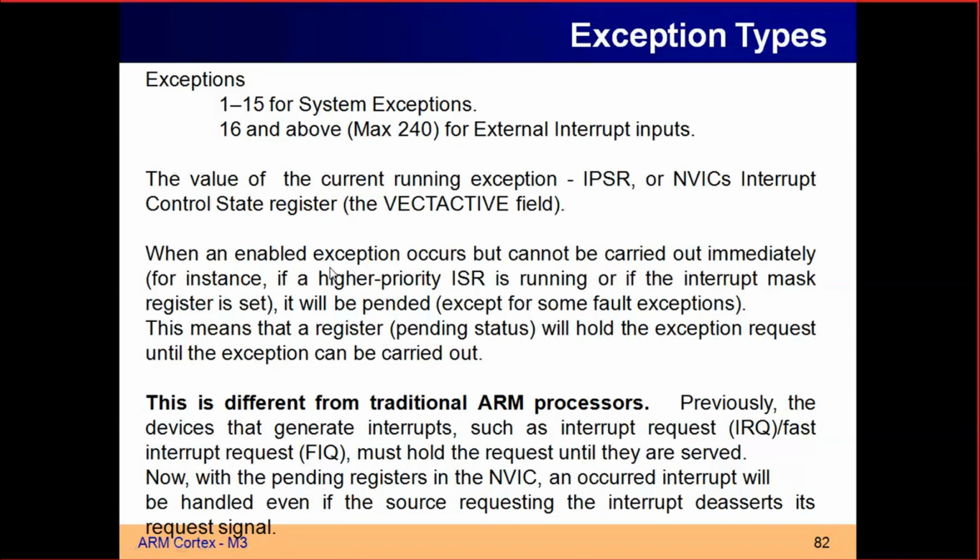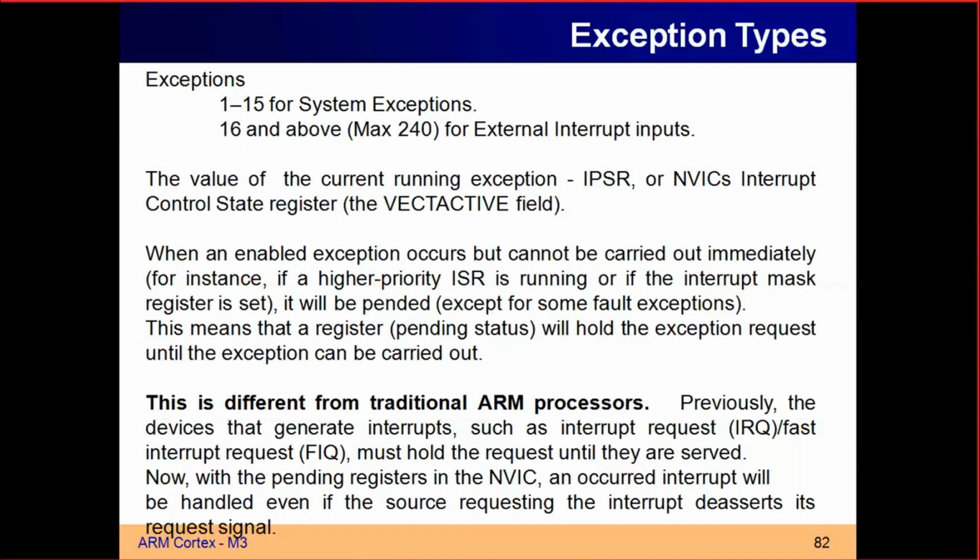Let us take that your exception has been enabled, and one exception is generated, but at that time some other high priority ISR is executing. So what will happen? There is a special signal for that, the interrupt pending status signal. Your current interrupt will be kept in the pending state until the first one has been executed. Why is the first one executing?